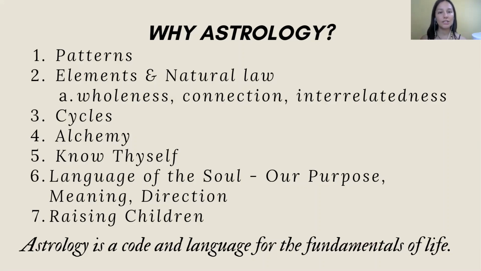If you love numerology, if you love sacred geometry, that's like patterns, right? Numbers and patterns. That is really cool. You can find that in astrology with the different degrees, the order of things. Also, one of the main reasons astrology is so awesome and we can use it is because it connects us with the natural world.